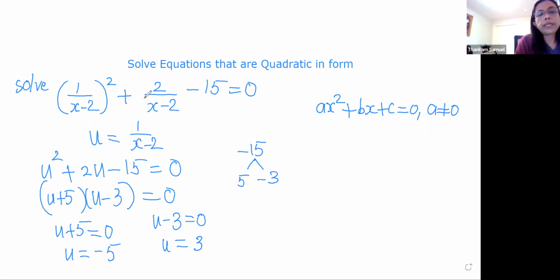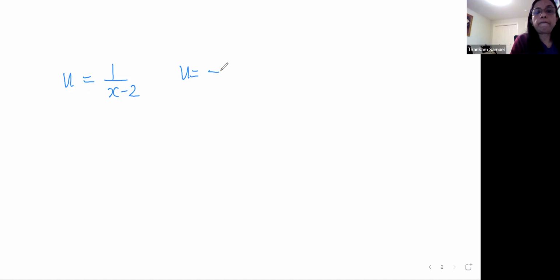Now, our original equation is in terms of the variable x, so you have to find the value of x. Let's go to the next page. We know that our substitution is u equals 1 over x minus 2, and we got the values of u as negative 5 and also 3, right?